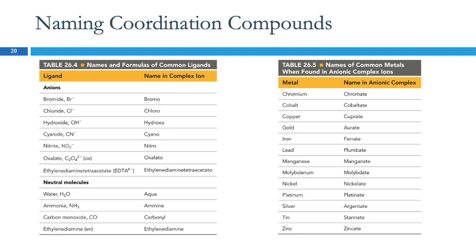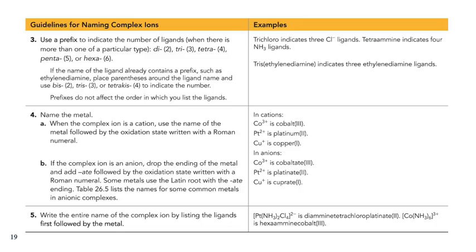I want you to be familiar with it enough that if you see the name of a complex ion, you would recognize that that's a complex ion. If you needed to write the formula, you might have to refer to the rules. Or if you see a formula and need to write the name, I don't expect you to do that out of your head, okay? So that's a little bit of good news.